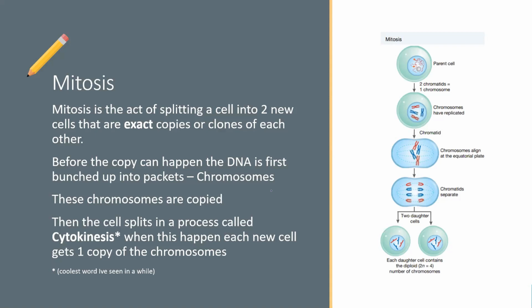Now, you don't need to copy down the picture. You don't need to know the names of the different sections and stuff. You just need to know that you get 2 exact copies. You don't even need this bit here.